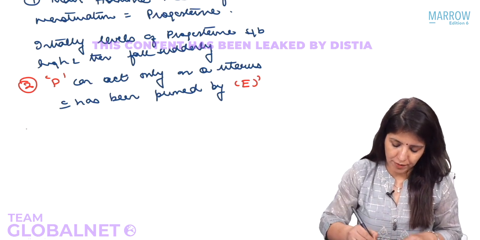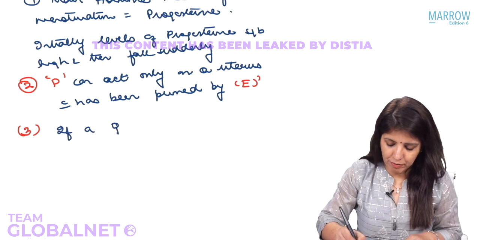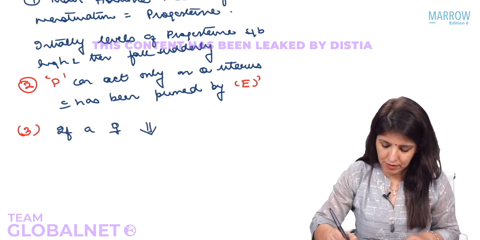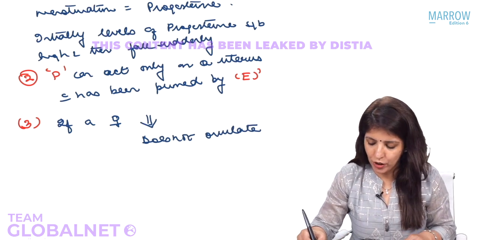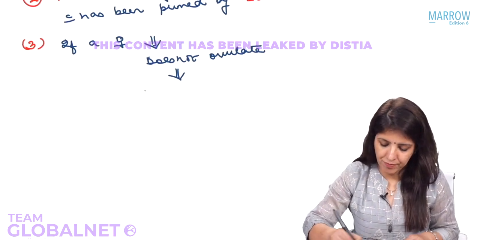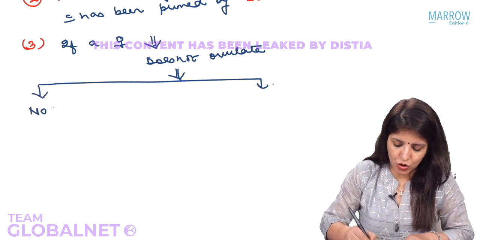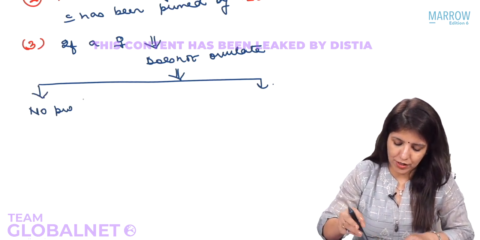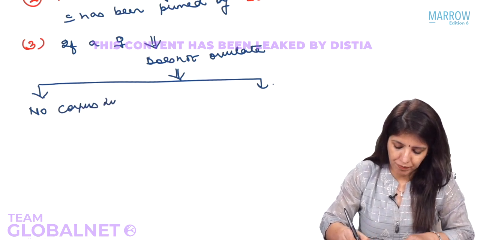Third important point, if a female does not ovulate, now if a female will not ovulate, right, there will be no progesterone. Why? Because there will be no corpus luteum.